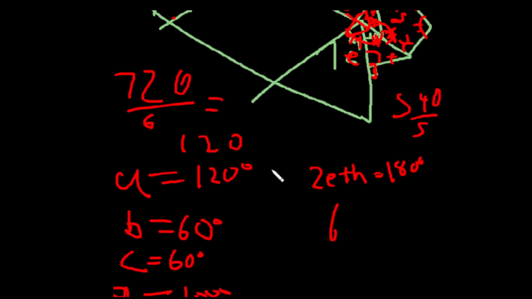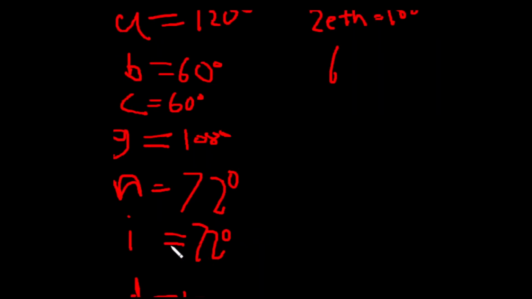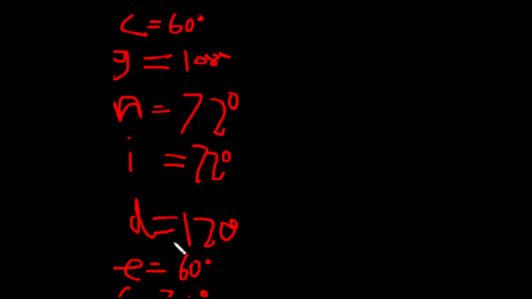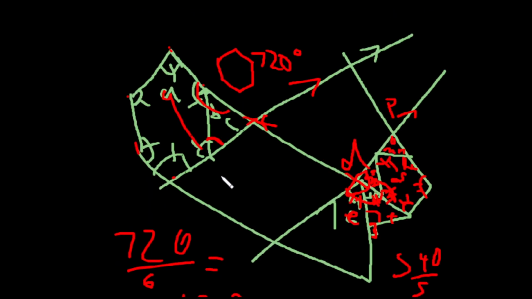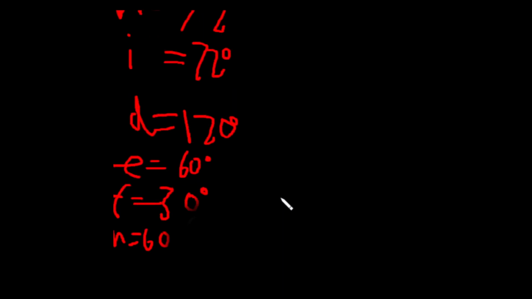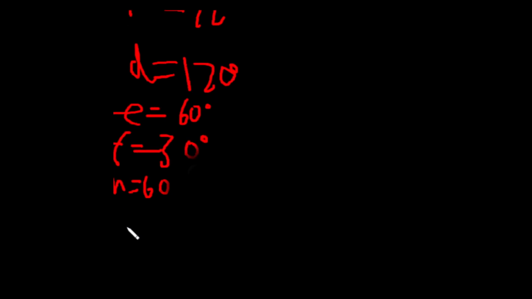And so I is 72, H is 60, that means J is equal to 180 minus H minus I. So that's 180 minus 72 minus 60, which is 48. So J is 48.